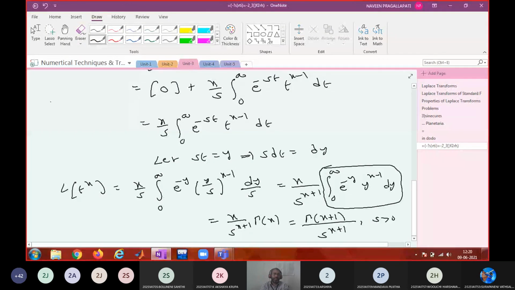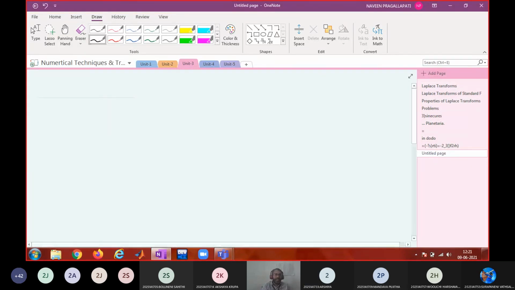Did you identify this fact? This is gamma of x. Yes. Okay. Therefore, what is the formula you are having? Therefore, Laplace of t power x is gamma of x plus 1 by s power x plus 1, s greater than 0.